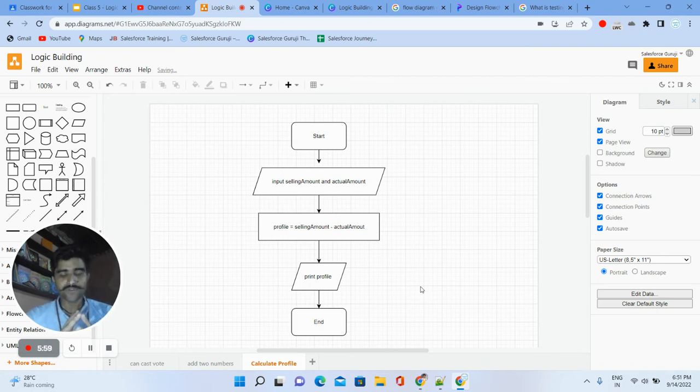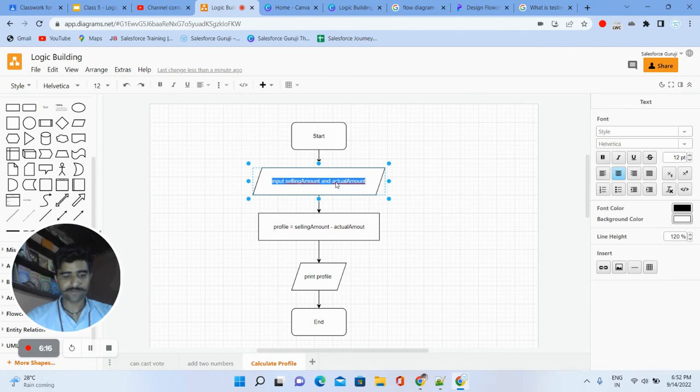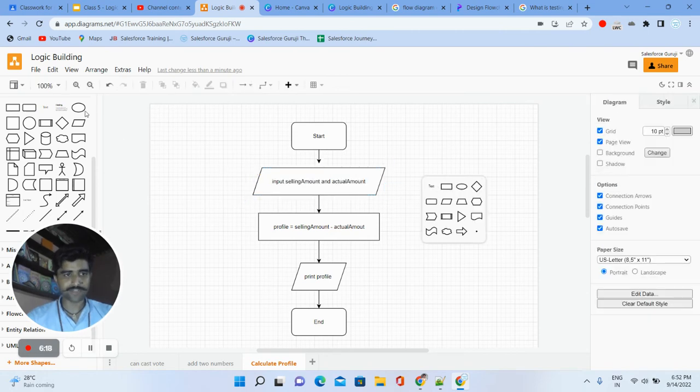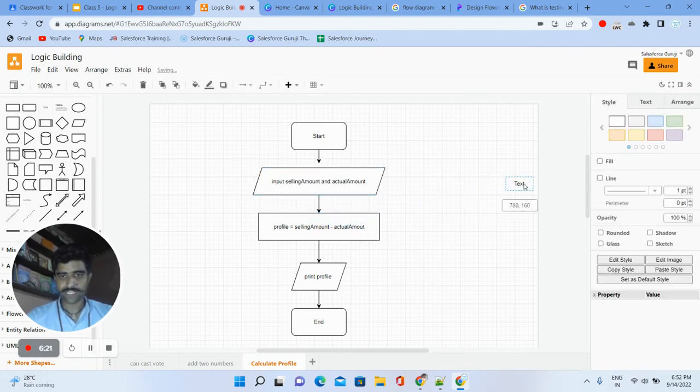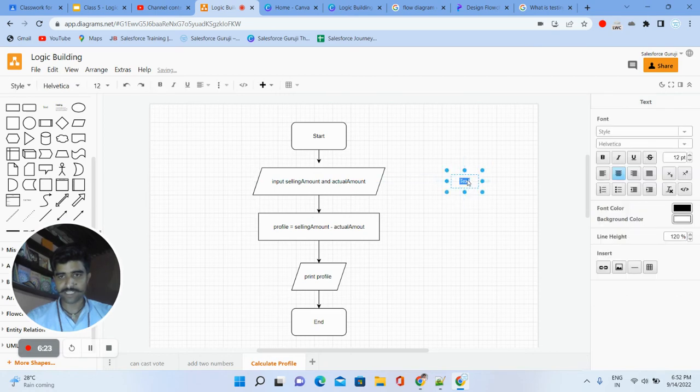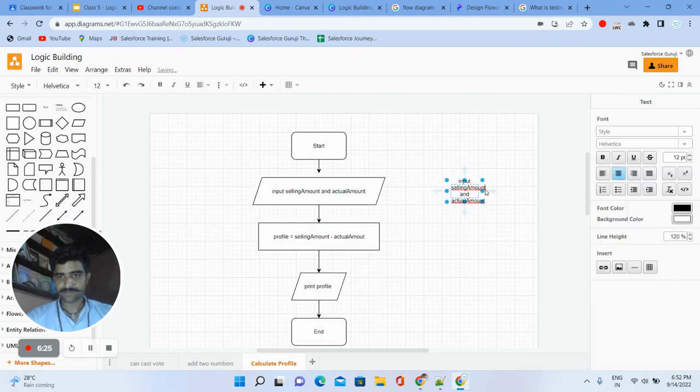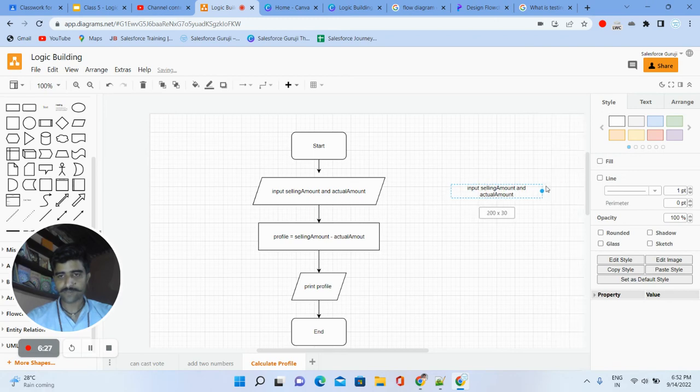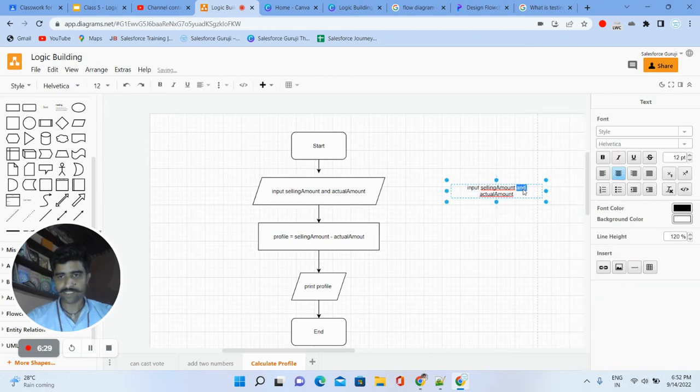But first of all we want to test it. For testing, we need to somehow give the values so we can check it. Parallelly over here we can write some values. We can directly put a text here. This is not part of our flow diagram, but this is just for testing.